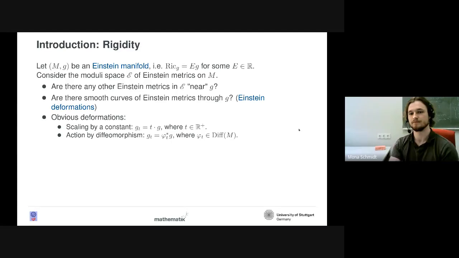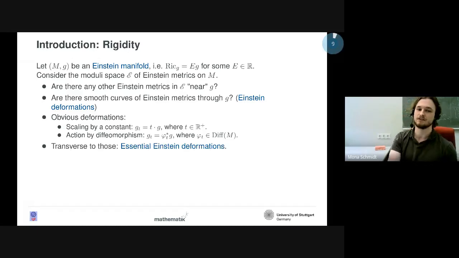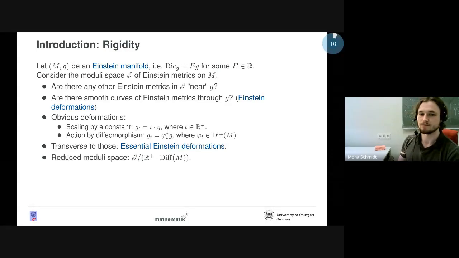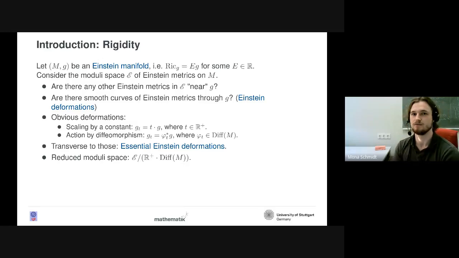So what we want to study are the interesting directions; we somehow want to mod out these types of deformations. In a sense, we call essential Einstein deformations the deformations that are transversal to those I just mentioned. We consider the reduced moduli space, where we mod out the action of R plus and the action of the diffeomorphisms.